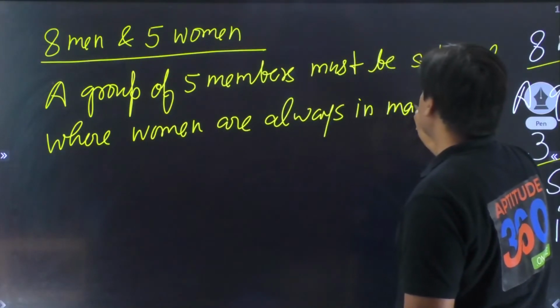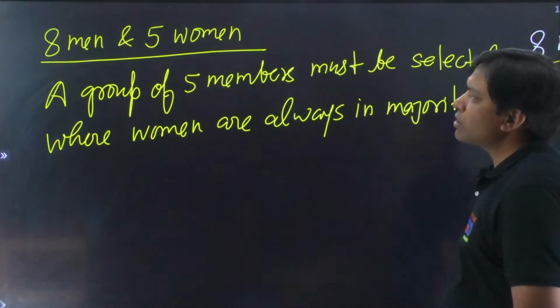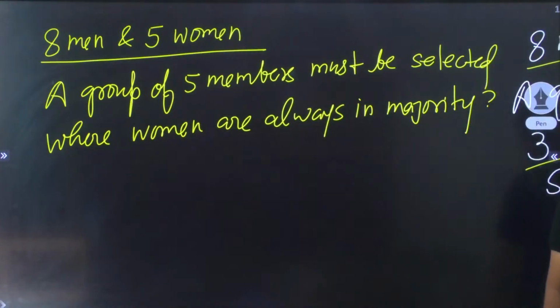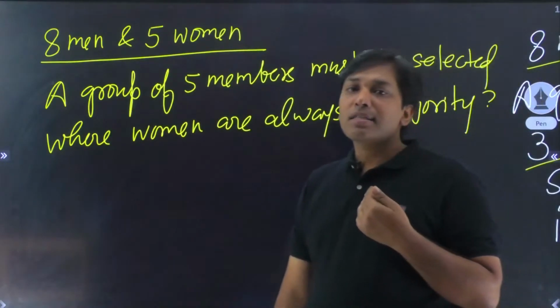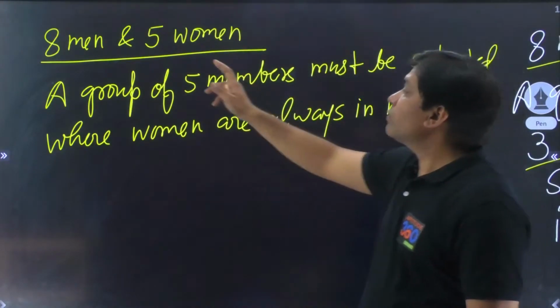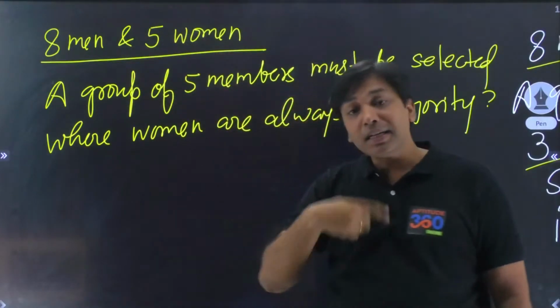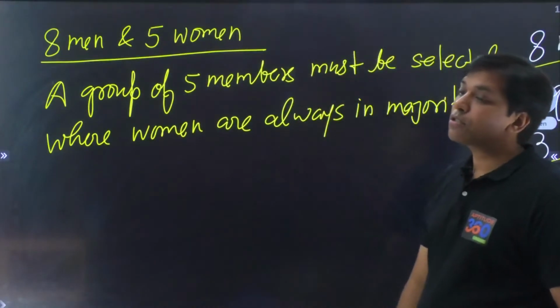Take your time, try to simplify this problem. मैं सिंपली आपको ये बोल रहा हूं that you will have to select 5 persons out of 8 men and 5 women, and the condition is women should always be in the majority. Let us solve this.